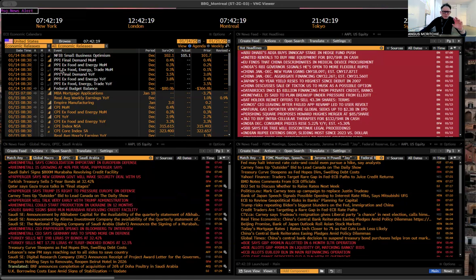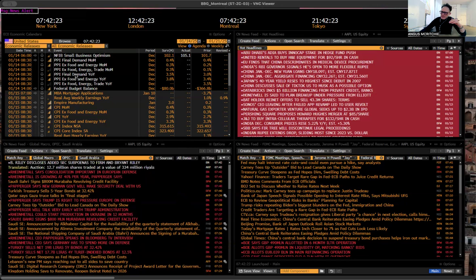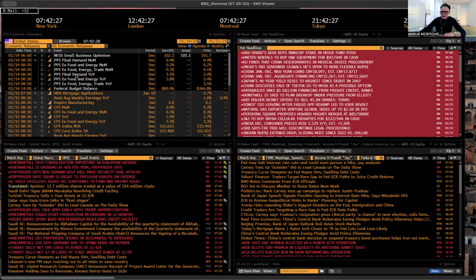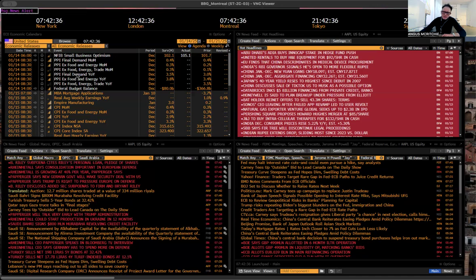So what I'm saying is that even if the PPI comes in a little bit warmish, we're getting to the point with the data that there's not a huge amount more that can be repriced hawkishly at the front end of the curve. We'll look at the charts in a second. Maybe the pressure from any hot inflation data or strong real economy data starts to move further out the curve.